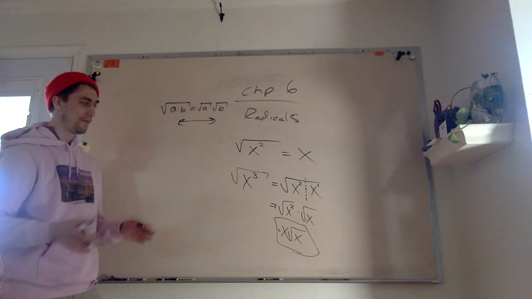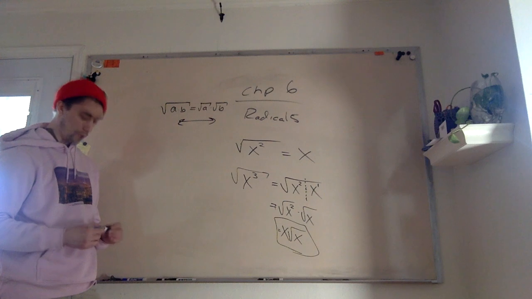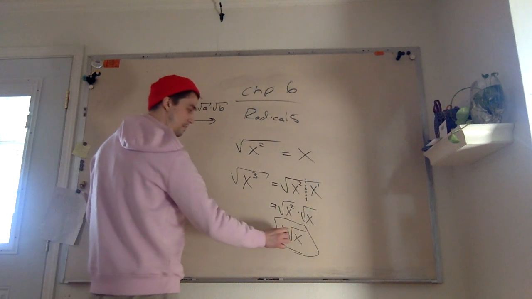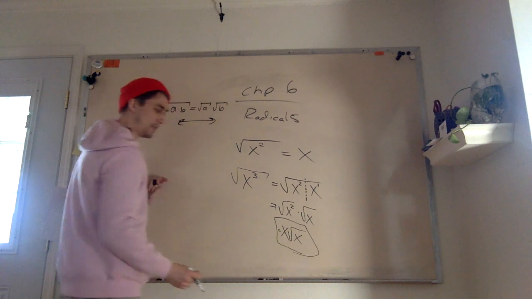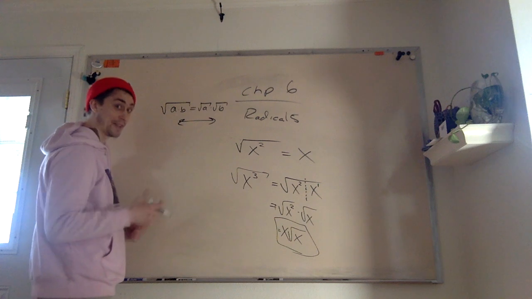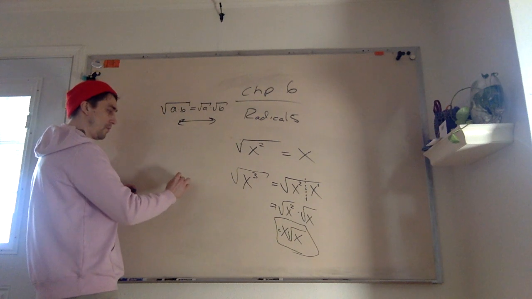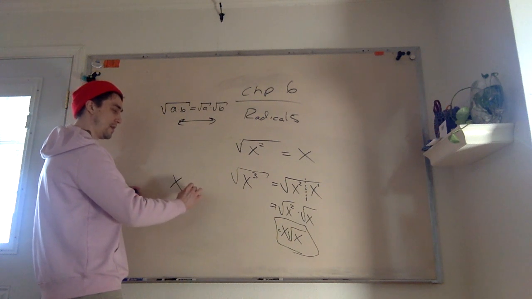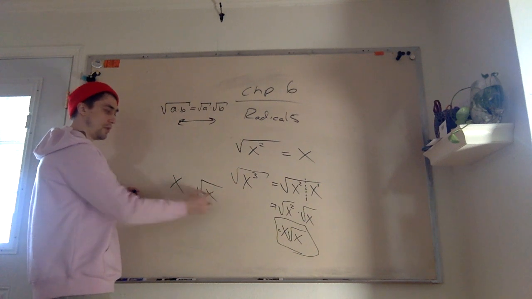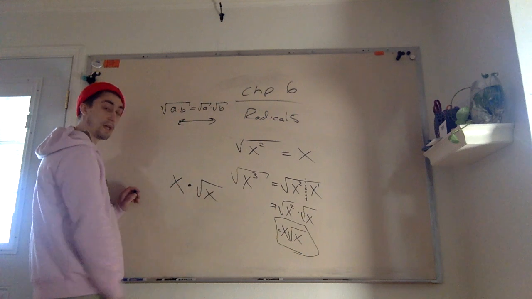This can get really confusing once you're getting used to this notation, right? There's a lot of x's going on. But I do want to make a point that x is a different number than the square root of x. These are two totally different numbers, and you're just multiplying those numbers together.